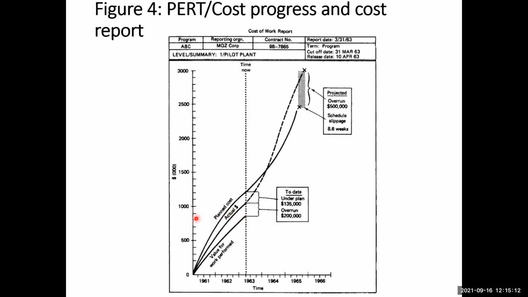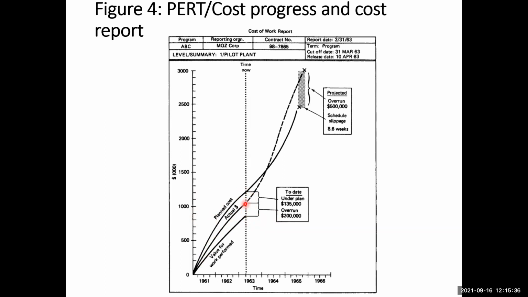So if we read the values on the scale, here more work needs to be done, but the actual work done was this much amount. On the other hand, the actual amount spent is somewhere in between the value of the work which was performed.